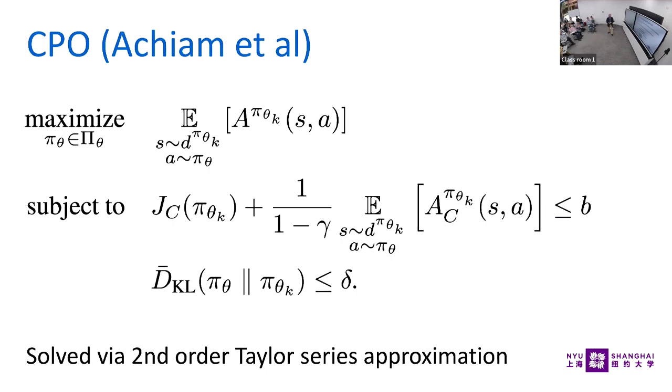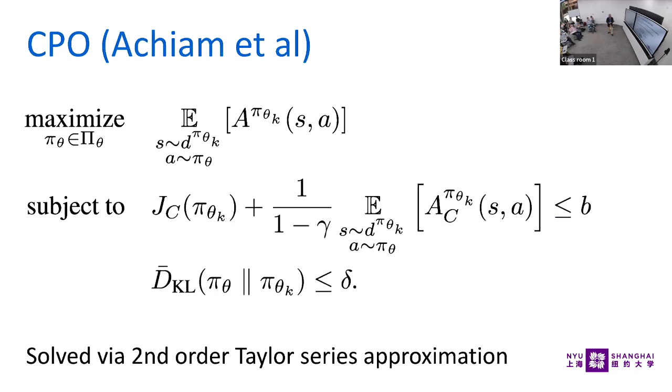The situation is that our current policy is theta k, and we want to find a new policy theta k plus 1. So what we're trying to do is find a new policy theta, and this is basically optimizing the return, and this is making sure that our constraint is less than or equal to b, and this constraint here is making sure that our new policy is not too far away from our old policy.